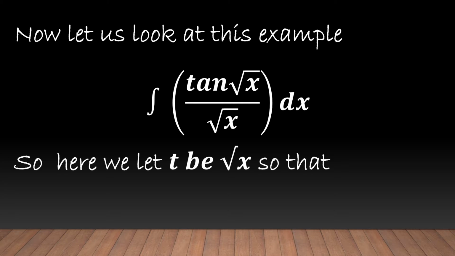So we have the integral of tan root x over root x. So in this case here, because it's saying change of variable, we are going to change the variable root x to t.